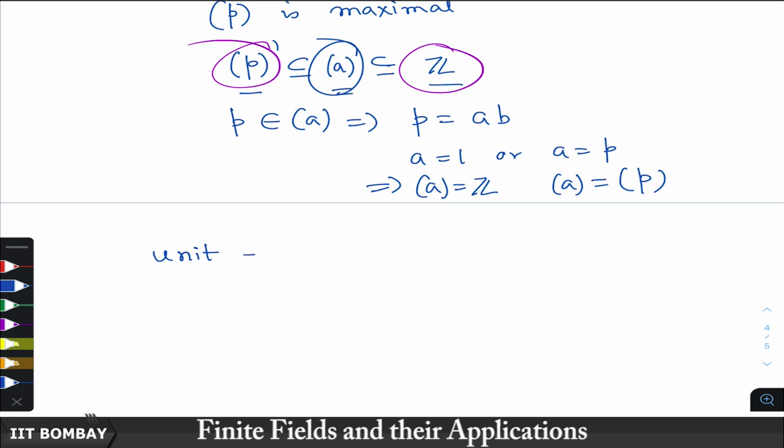A unit is an element which has an inverse. If you see the integer ring Z, the only elements which have a multiplicative inverse are 1 and minus 1. So, these are the units.